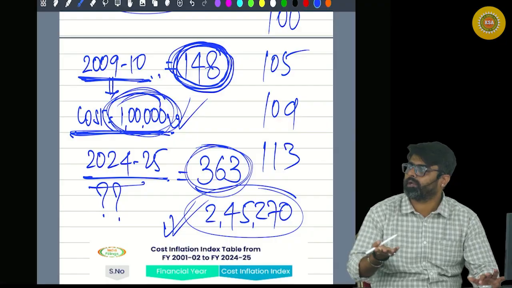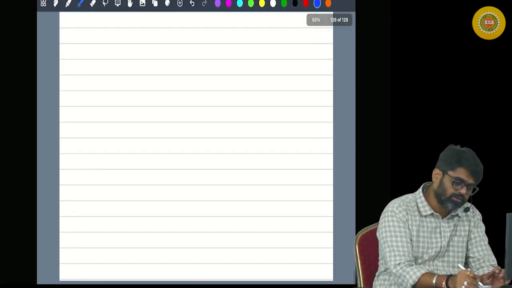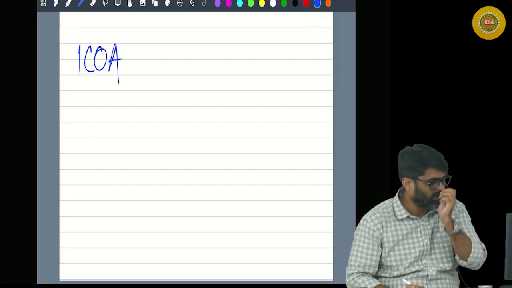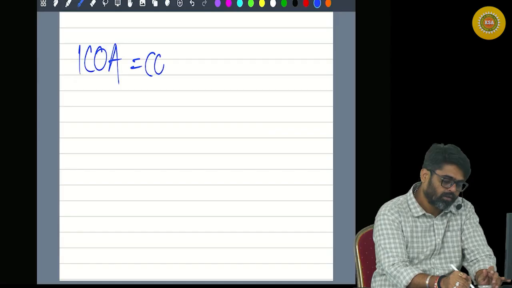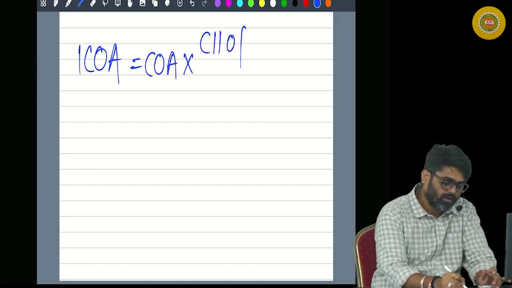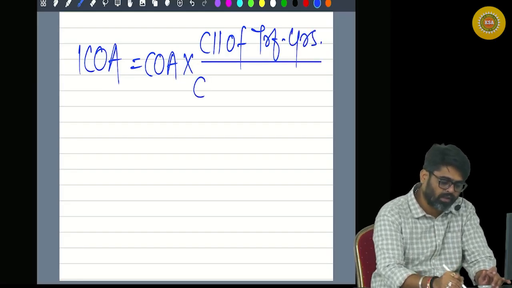Same way you have to index your cost of acquisition also. See, how will you index your cost of acquisition? ICOA is equal to COA multiplied by CII of transfer year. Now instead of dividing by CII of improvement year, what are you going to do?